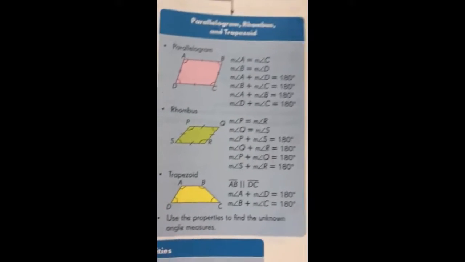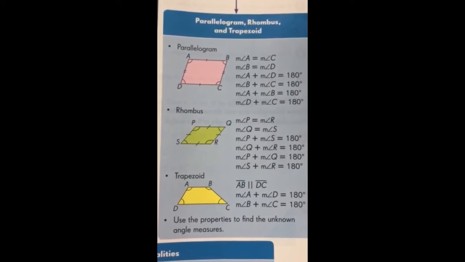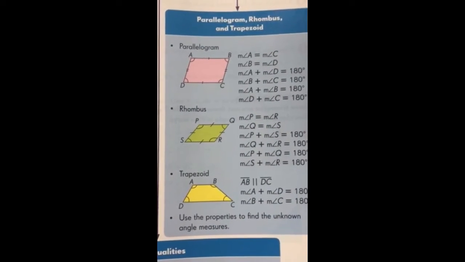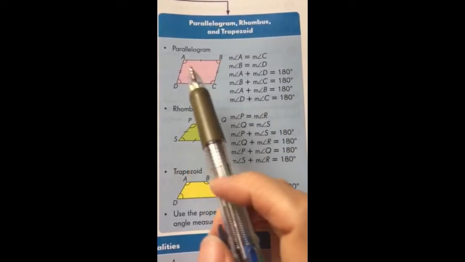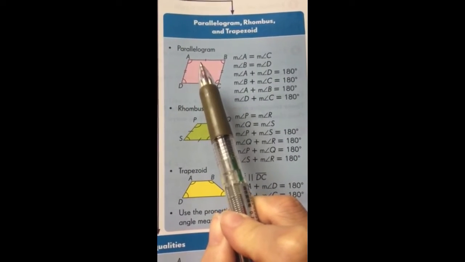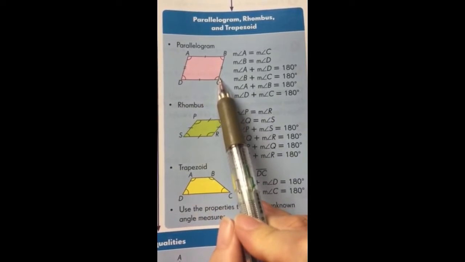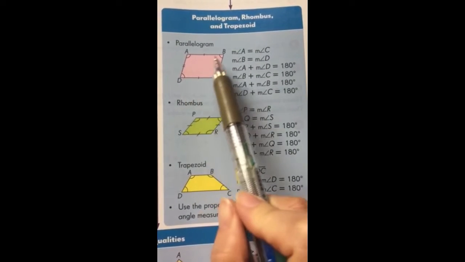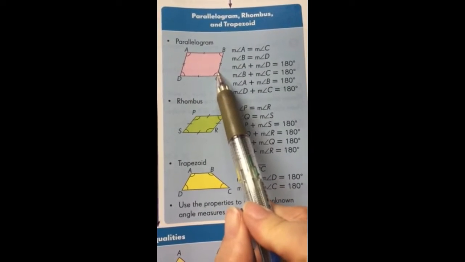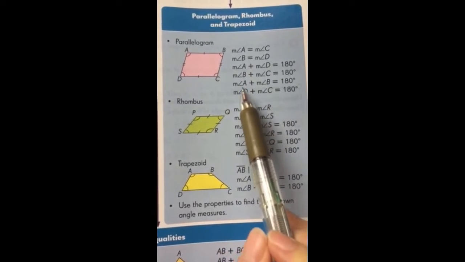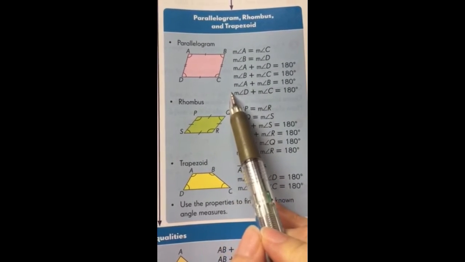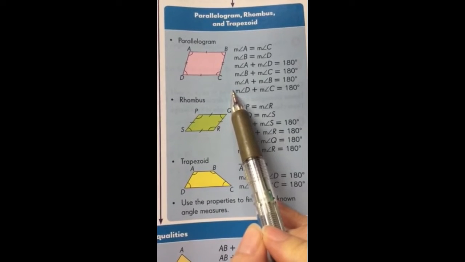Then we talked about parallelogram and rhombus and trapezoid. We just reviewed it. In a parallelogram, parallel opposite sides, equal angles, and 1, 2, 3, 4 pairs of angles on a line.